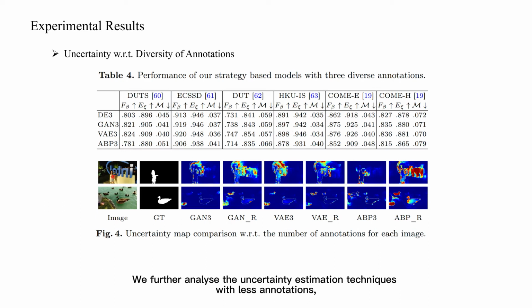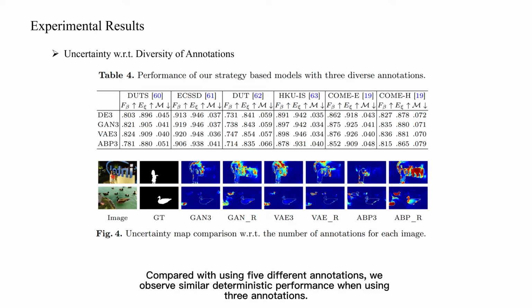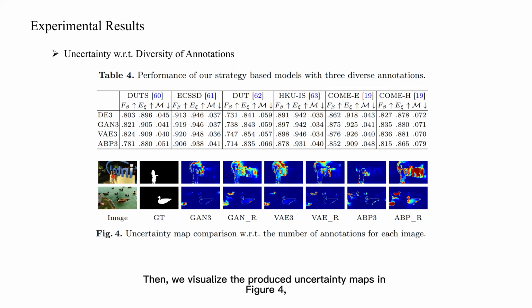We further analyze the uncertainty estimation techniques with less annotations and show model performance in Table 4, where we train our model with 3 different annotations. Compared with using 5 different annotations, we observe similar deterministic performance when using 3 annotations. Then, we visualize the produced uncertainty maps in Figure 4, which show that better latent space exploration can be achieved with more diverse annotations.